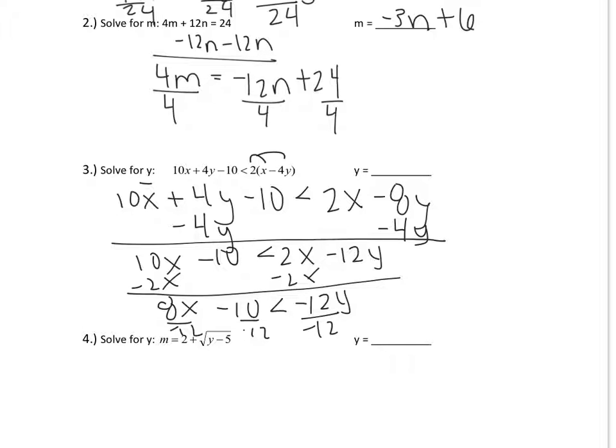Now I realize I have an equal sign up here with the number 3, and I'm sorry about that. So you're going to have to actually write it out. Remember, 8/12 can reduce to 2/3. So it's going to be -2/3 x minus 10 over 12 will reduce to 5/6.